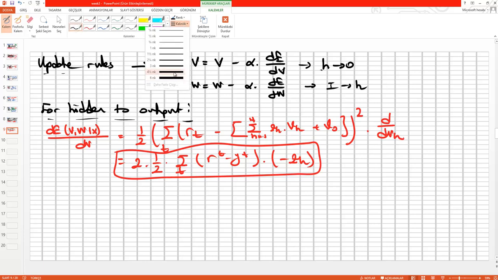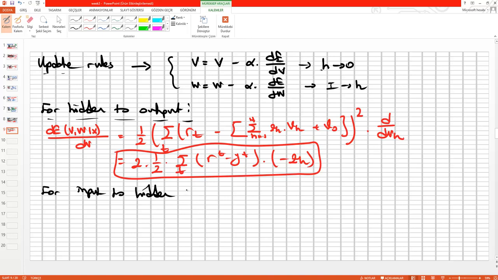And also we have what for the input to hidden layers. We need to backpropagate, or we need to utilize the chain rule here, because if we have dE divided by dw, where w is stored between the input and hidden layers, this can be written like this one: dE divided by dy times dy divided by dz_h times dz_h divided by dw.